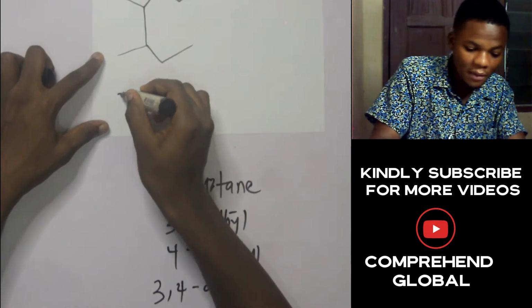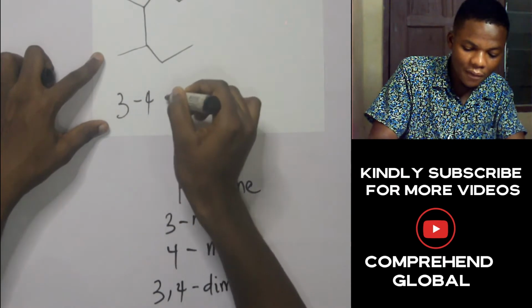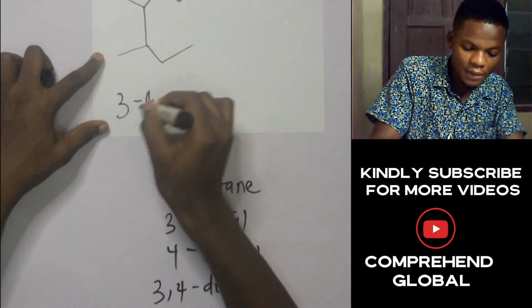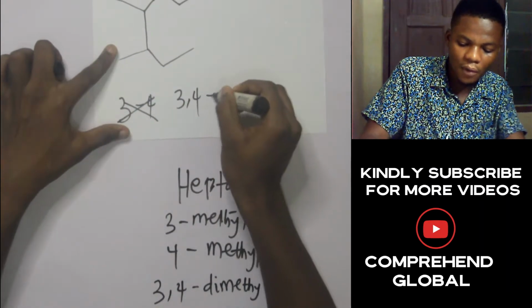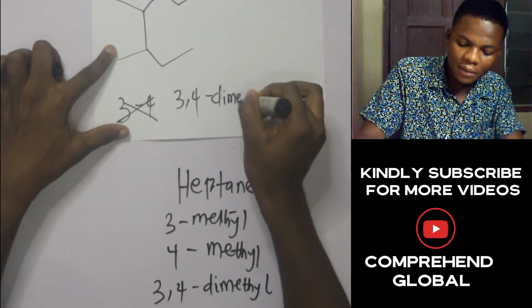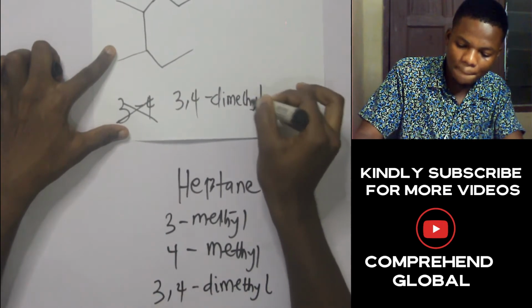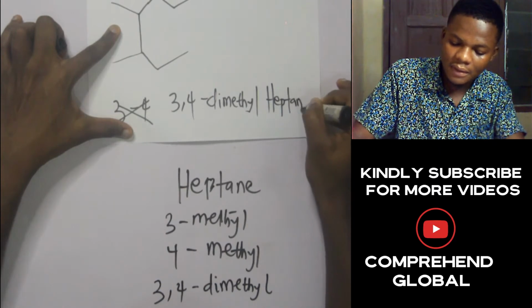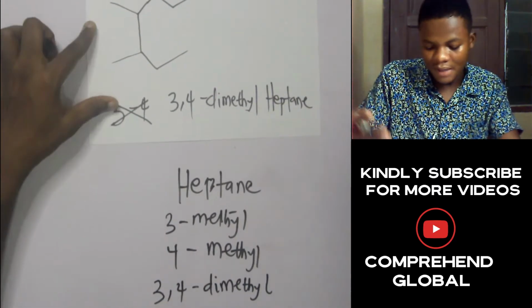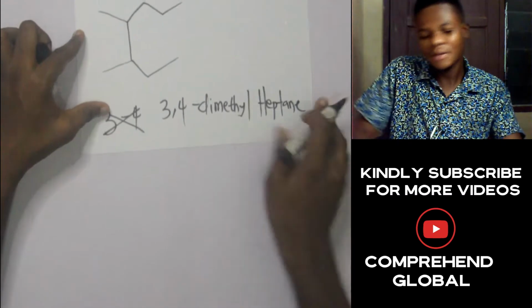The name of this particular compound is 3,4 dimethyl heptane. The longest carbon chain is 7, heptane. But that is also very, very simple.